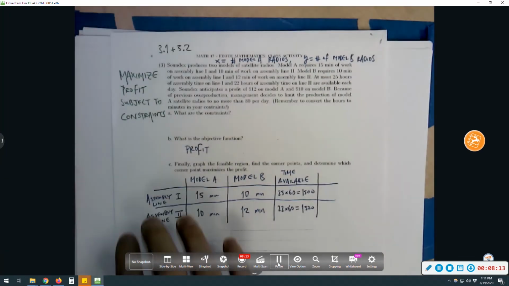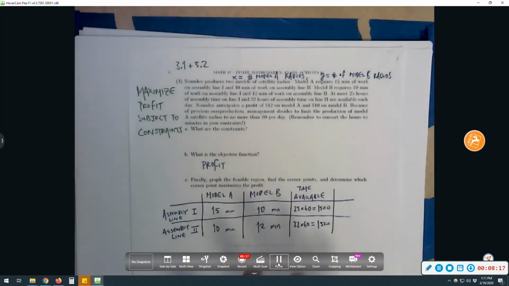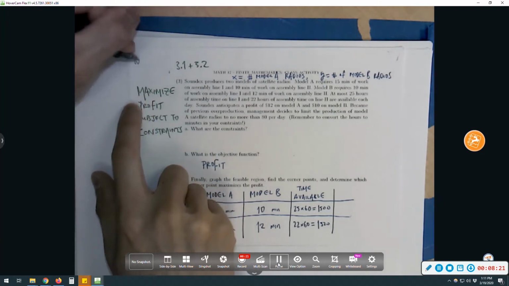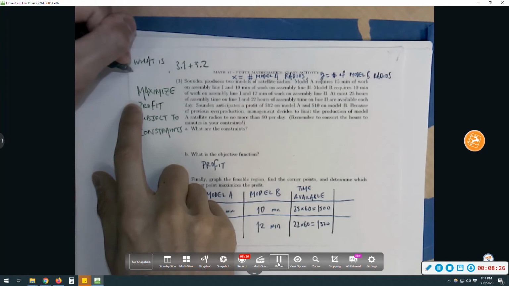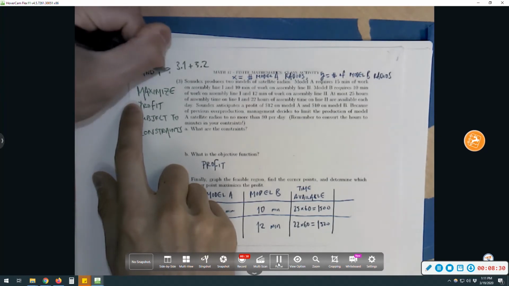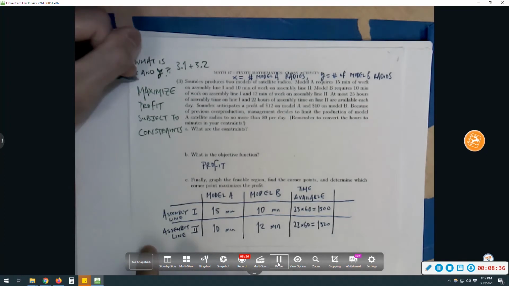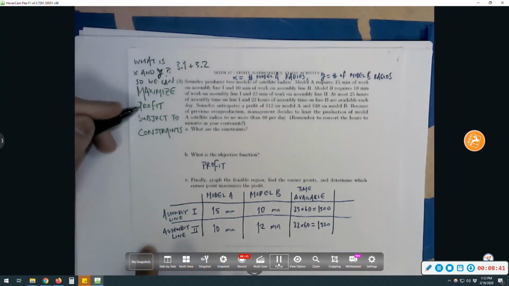I'll use green. What is x and y? Let's use lowercase y here. So we can maximize profit subject to the assembly line constraints.